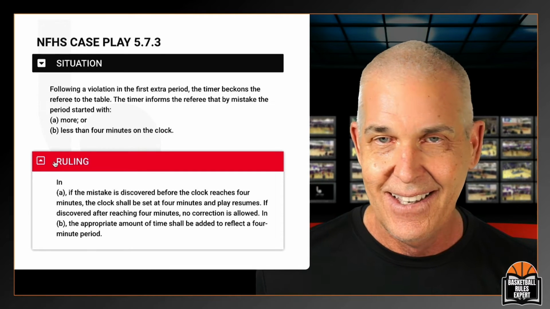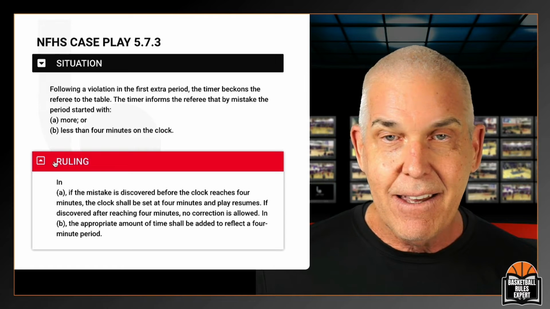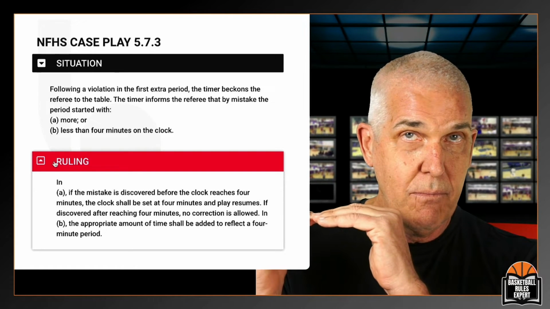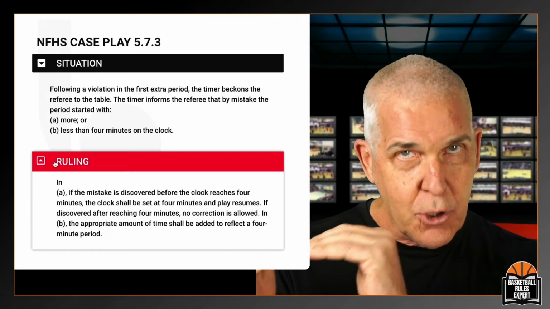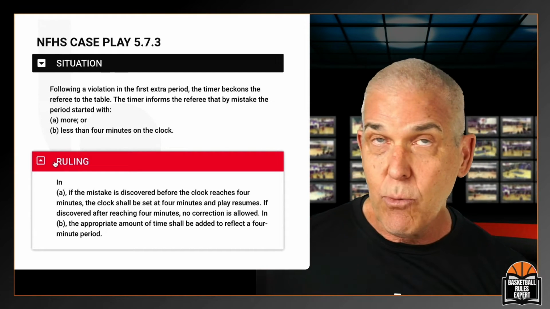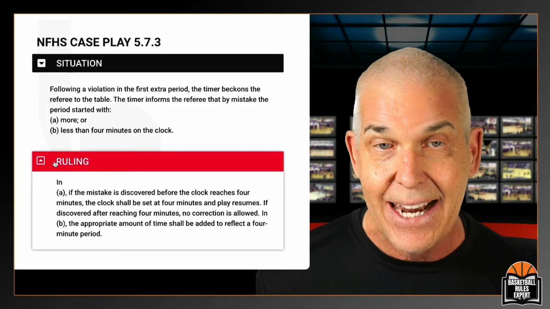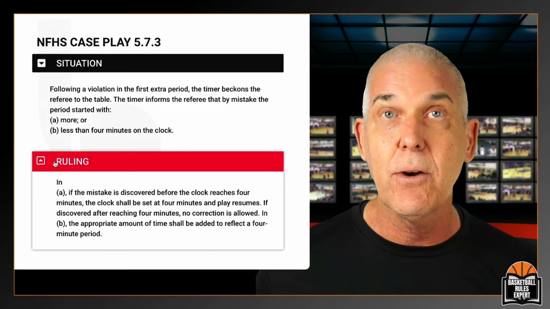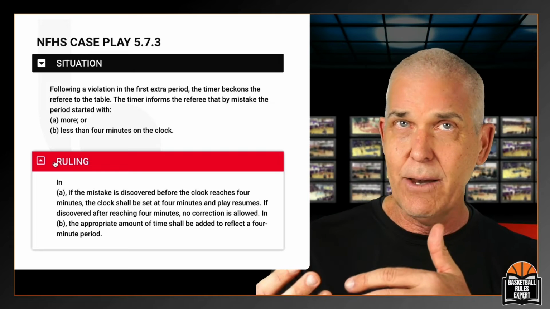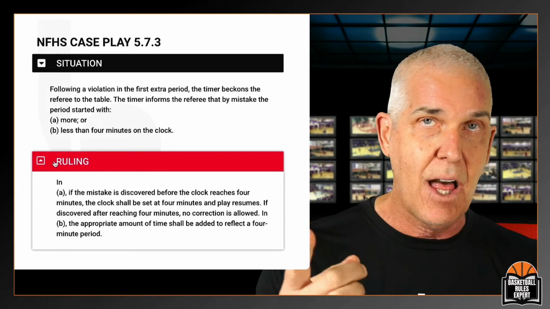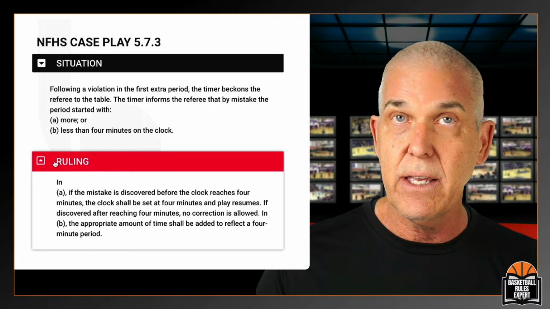Holy Toledo. And in B, where it was 2:32, because only 3 minutes was put on the clock, the appropriate amount of time shall be added to reflect a 4-minute period, right? I assume that would mean we're going to add 1 minute at that point, and the clock shall now show 3:32.